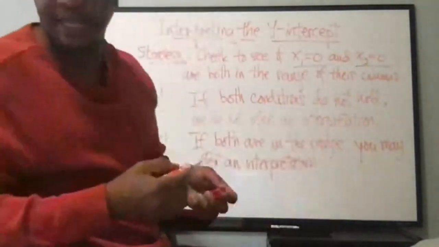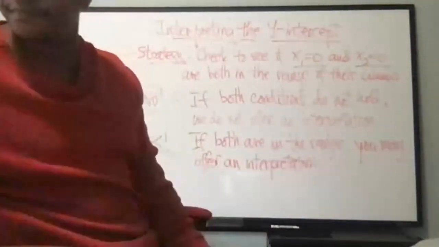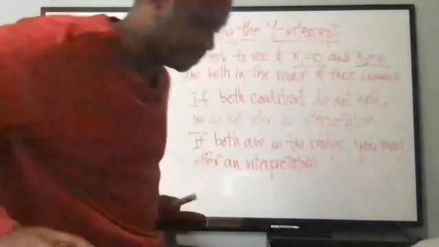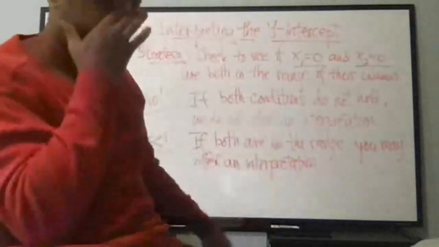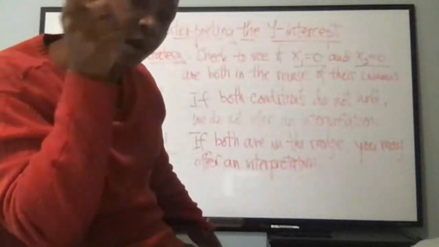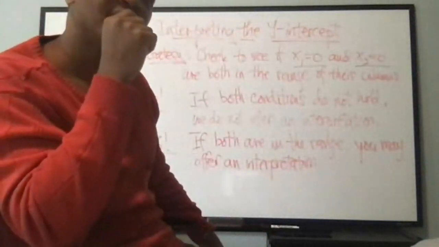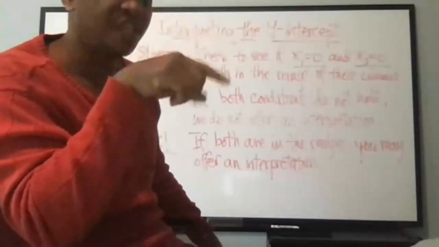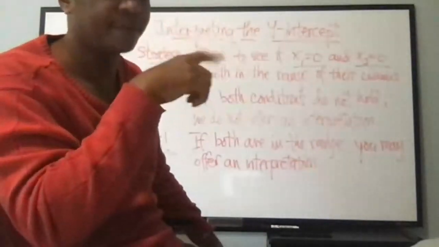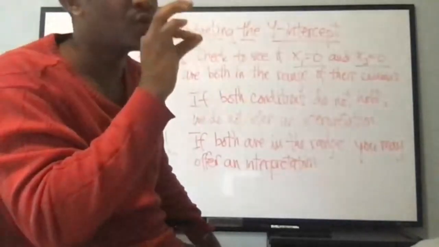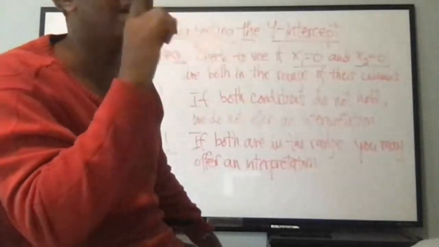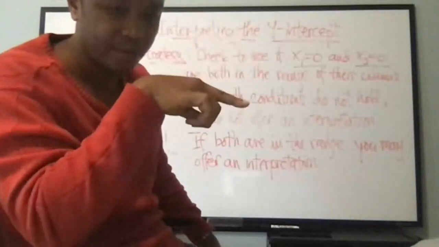Now I'm going to go out on a limb here. Listen to this question. Hypothetical. Suppose x1 equals 0 was in the range of foot traffic. Suppose x2 equals 0 was in the range for minutes open.